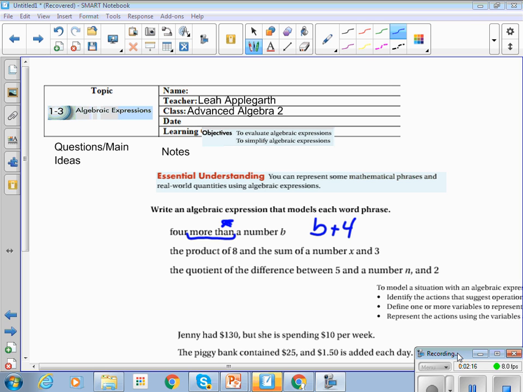of the sentence structure. The product of 8, product means times, and the sum means plus, of a number x and 3. So we're going to take 8, we're going to times him by x plus 3.